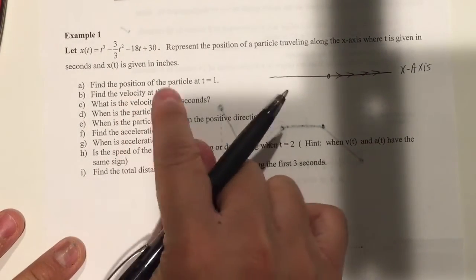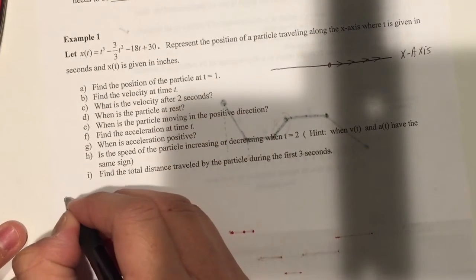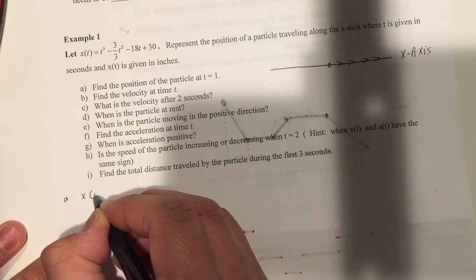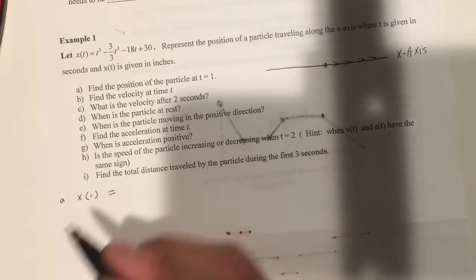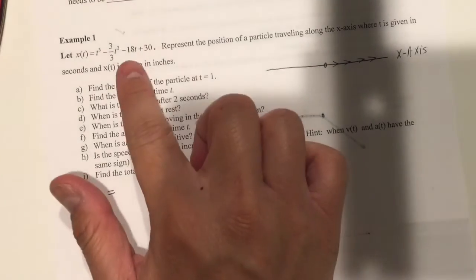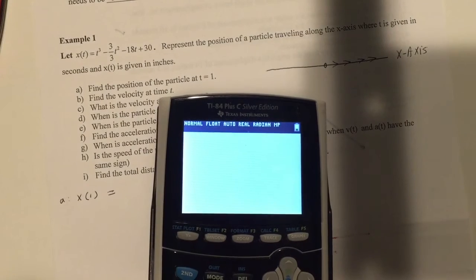Find the position of the particle at time 1. So the position of the particle at time 1 is x of 1. That gives you the position. So you just plug 1 in there and you find the position of the particle at time 1.